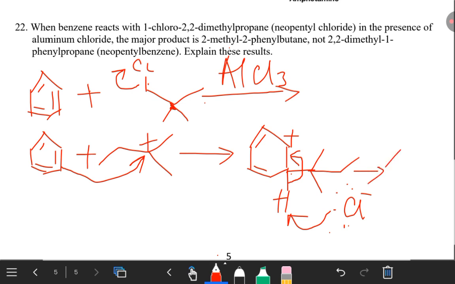We have a phenyl group now, with a double bond there. The positive charge has been neutralized now because we have formed a double bond. Then we'll have this.